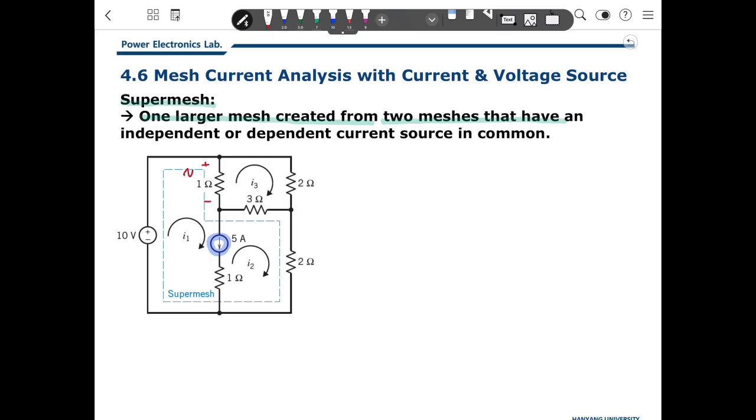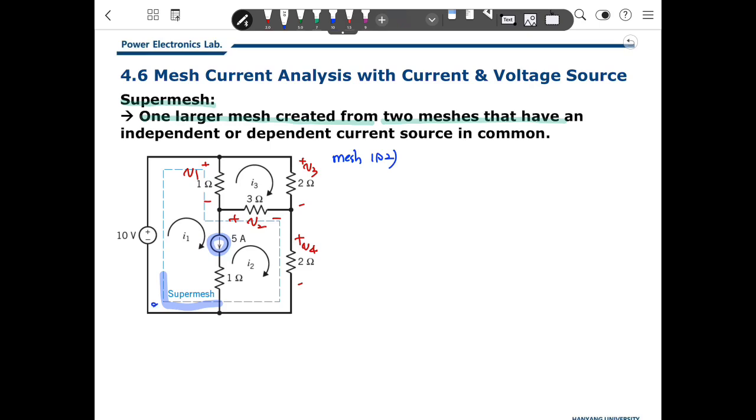I would like this to be V1, this V2, this V3, and this V4. And I will use a super mesh here at first, mesh 1 and 2, this super mesh.